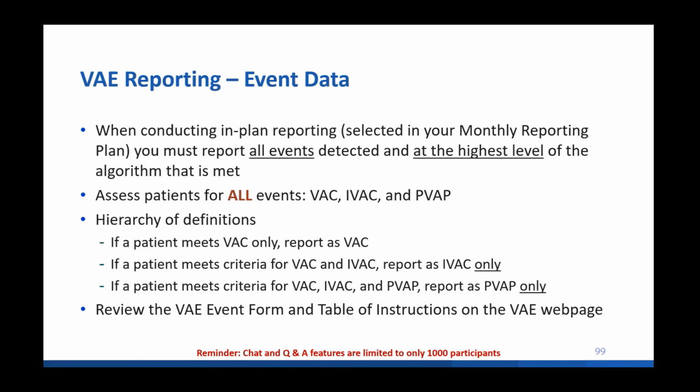If a patient meets VAC only, report the event as a VAC. If they meet VAC and IVAC, report only as an IVAC. Similarly, if VAC, IVAC, and PVAP are met, PVAP is the highest level of the algorithm met, so only PVAP is reported. The VAE event form and table of instructions are also available for review on the VAE webpage.